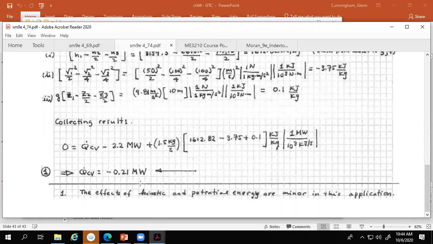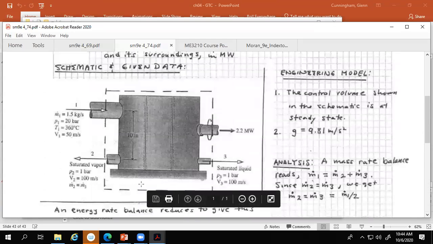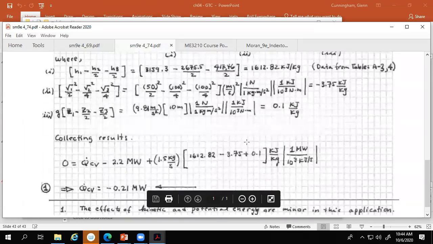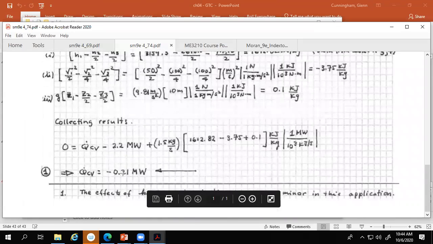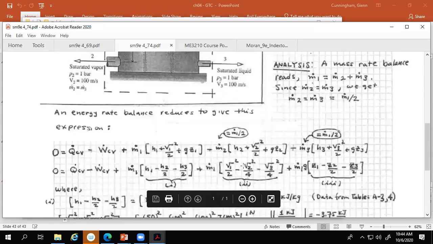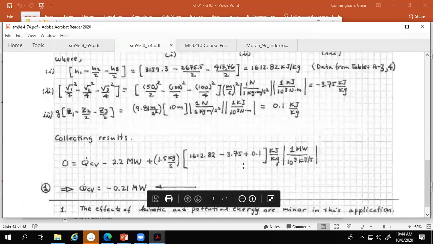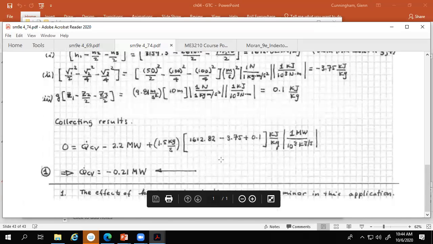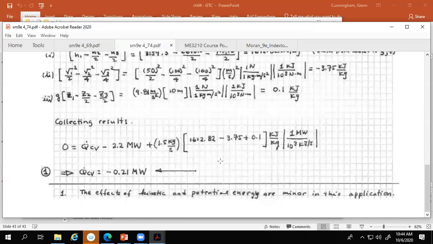So it's all pretty small. We're putting minus 0.21, and we're putting 2.2 out here. So all these other terms are pretty small, but what's he saying there? Can't read it. Be patient, it'll go away. There we go.